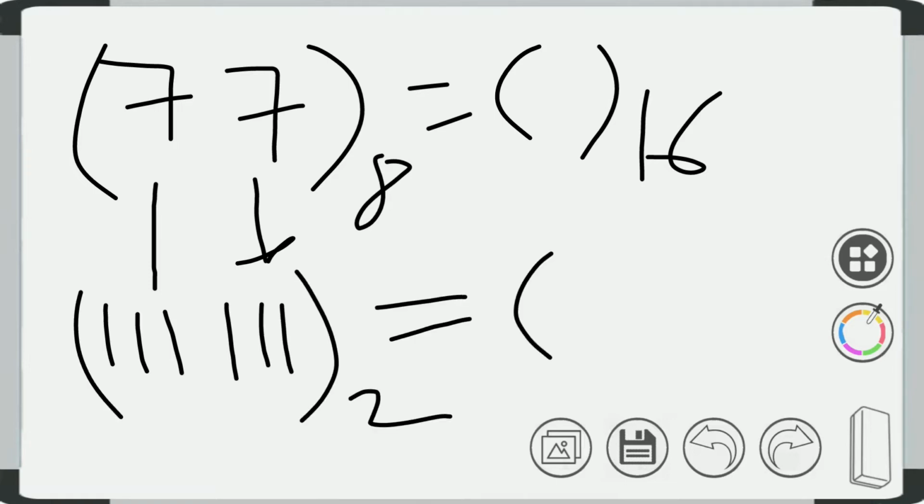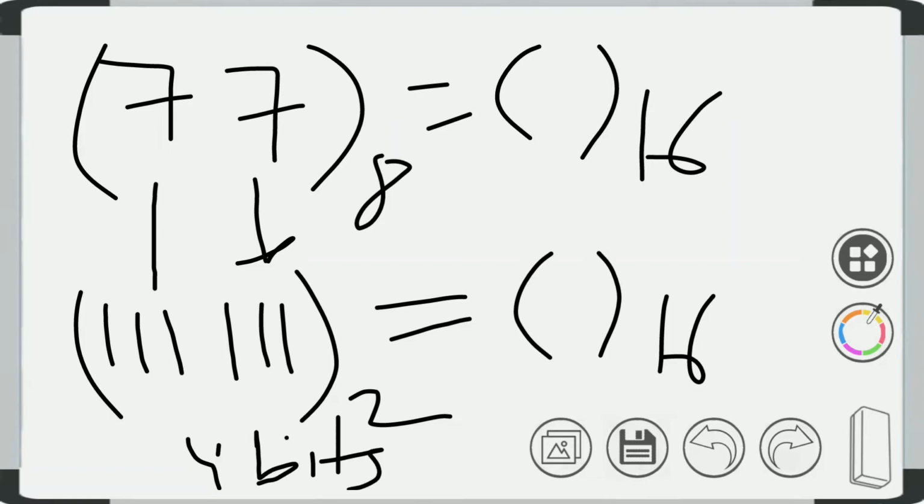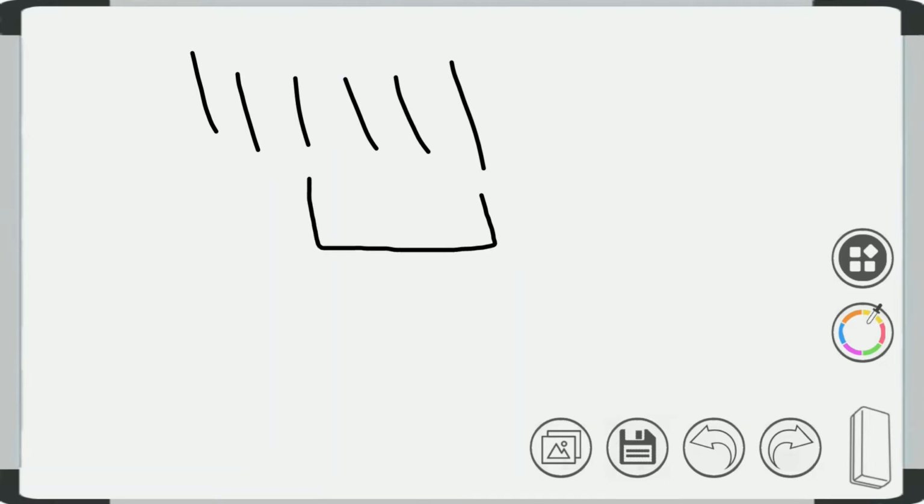Now this is to be converted into hexadecimal number system. So we have to group 4 bits from right to left. 111 111. These 4 bits, and here you can see it is only 2 bits, so you can add 0011.